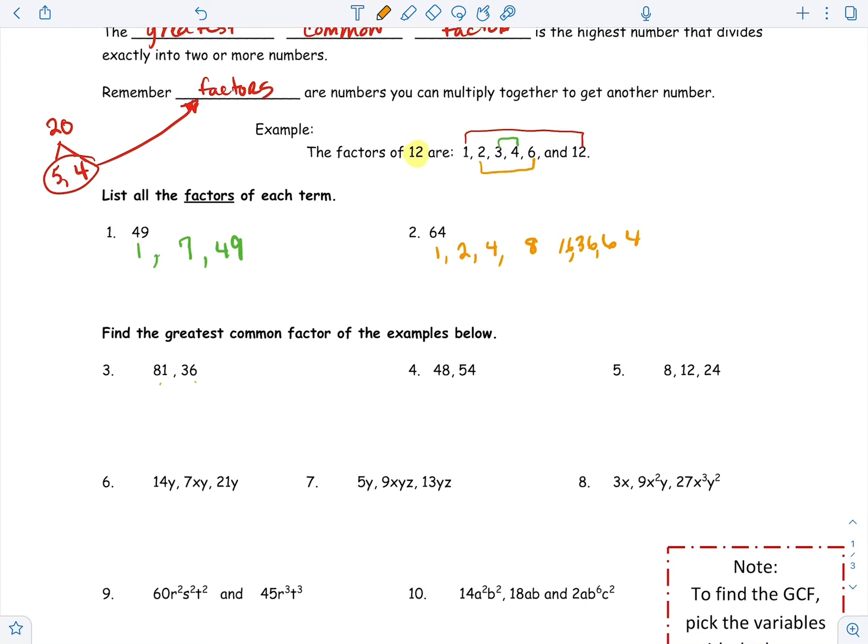So 81, of course, we know 1 and 81 are factors here. 2 doesn't work. 3 can work. That's 3 times 27. 4 is not going to work. 5 is not going to work. 6 is not going to work. 7, 8, no. 9 will.